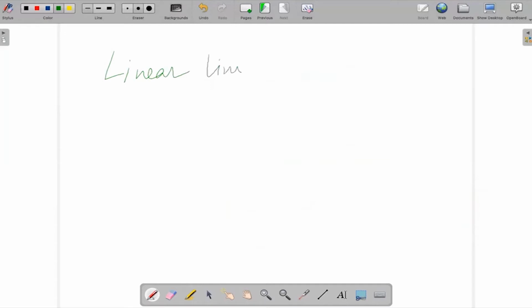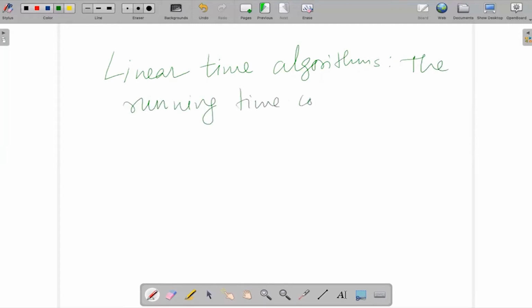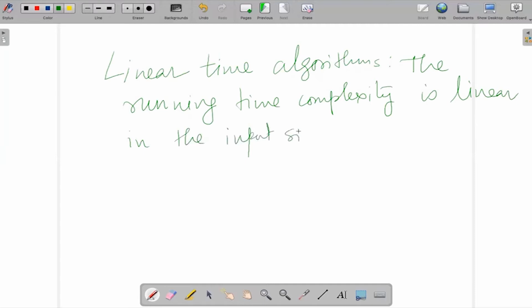Linear time algorithms. A linear time algorithm is an algorithm for which the running time complexity is linear in the input size.